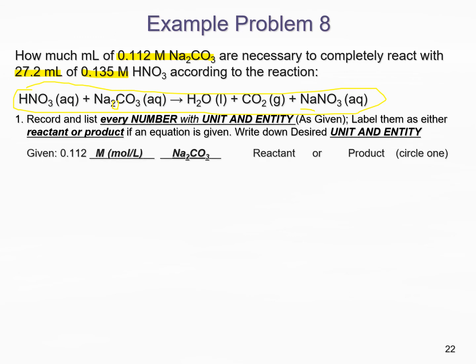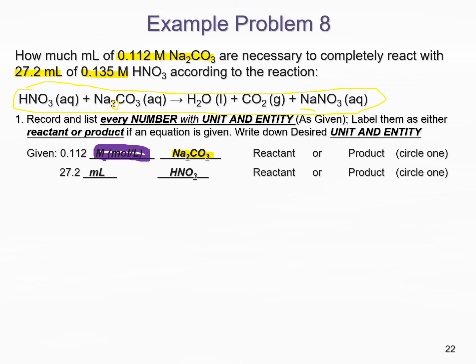So for 0.112, not only do we put M of sodium carbonate, I also want you to pay attention: we need to rewrite M into moles per liter. Why moles per liter? Because moles per liter is what we call the conversion factor, two units with a slash. We're going to deal with whether it's a reactant or product later because we have the reaction right here.